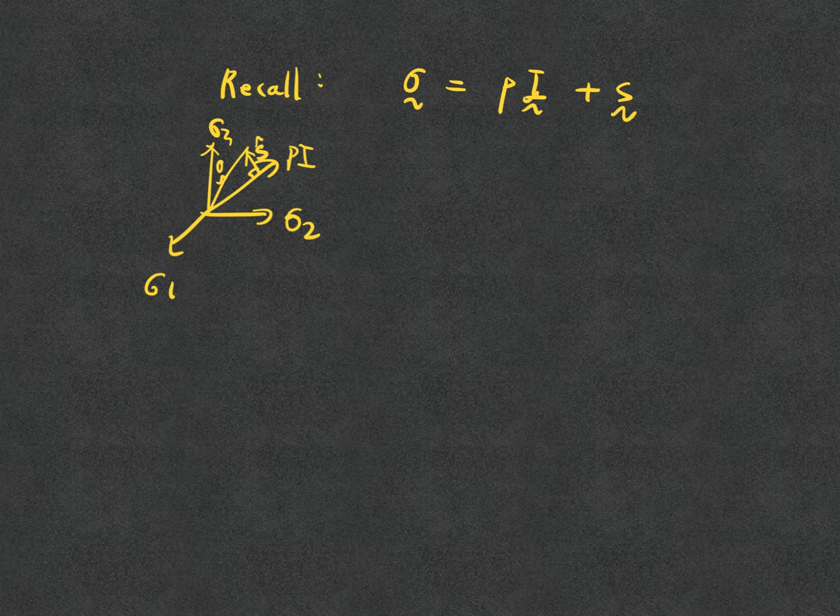Why do I write a 90-degree angle here? If you recall from the last lecture, p double dot s is equal to 0. A scalar product equal to 0, in the sense of the tensor, tells me that the two physical quantities are orthogonal to each other.